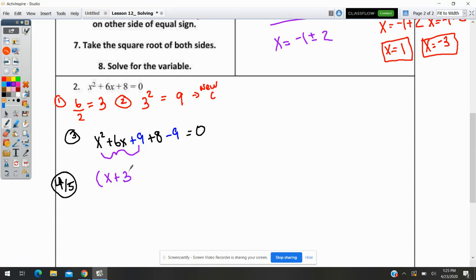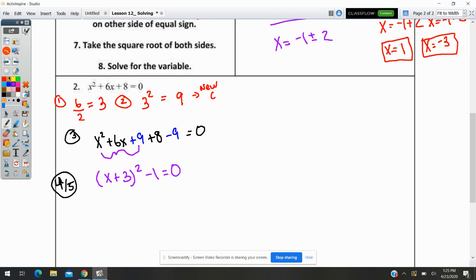So x plus 3 squared, plus 3 times 3 is 9 when you do the product sum method, and 3 plus 3 is 6. And then we just combine the 2 numbers at the end. So positive 8 minus 9 is negative 1, equals 0.